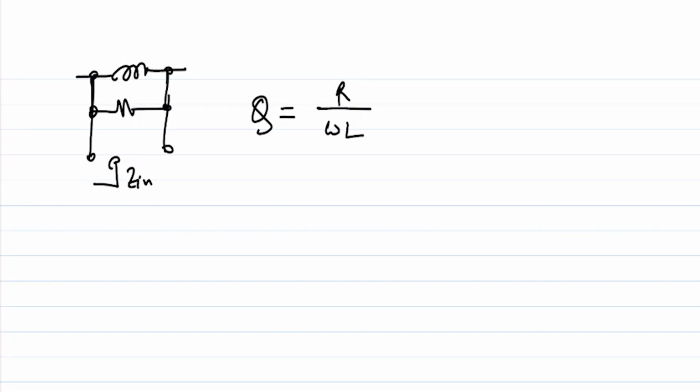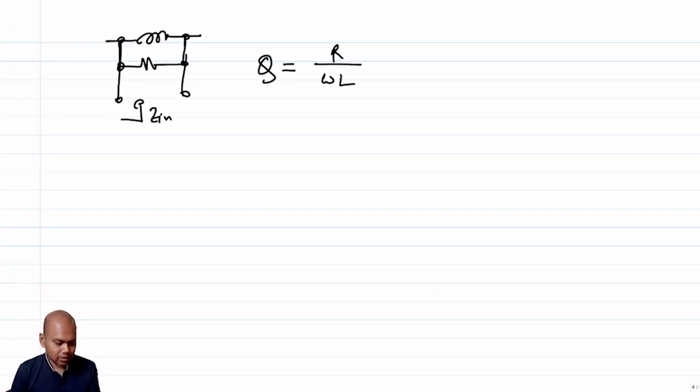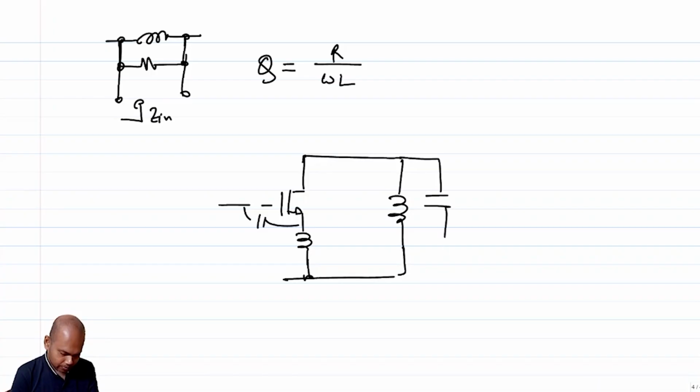Okay, so the next thing to consider is how does this impact our circuit operation, right? Note that when we are doing LNAs, we assume there is a resonant load and so on. To refresh your memory, one example we did was an LNA, maybe this source degenerated LNA, and we said that we are going to have a resonant load.